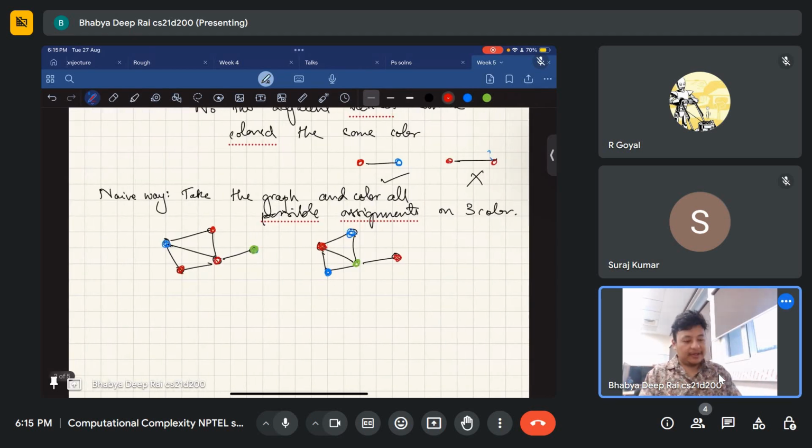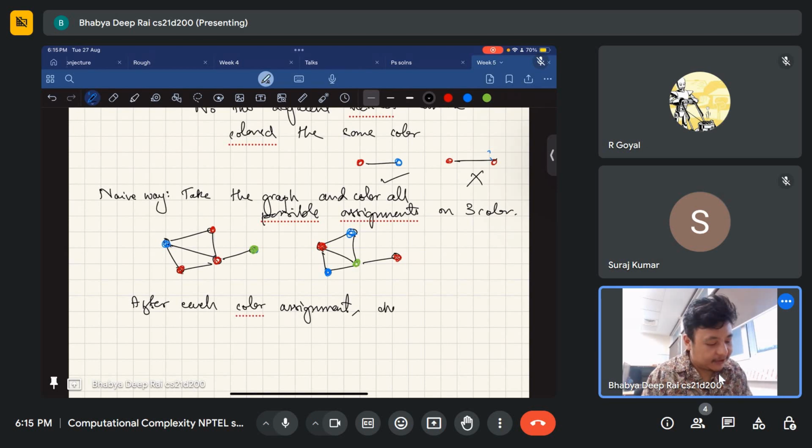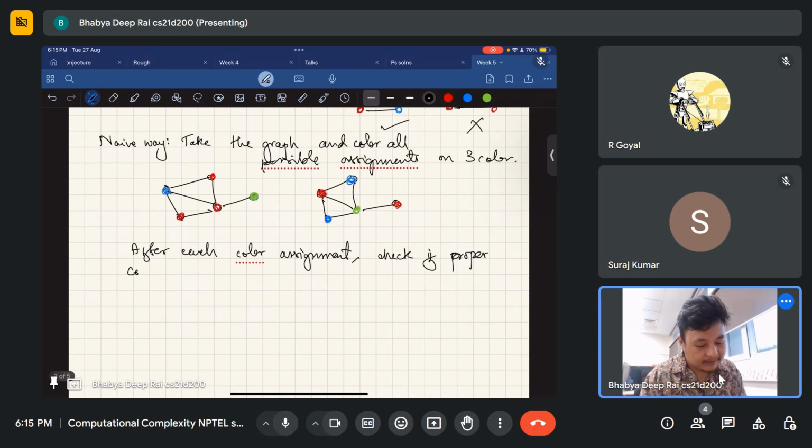Then, after each color assignment, check if proper coloring is violated.